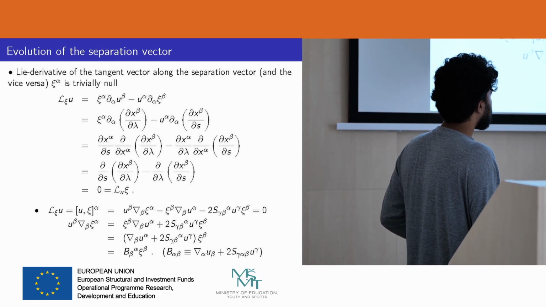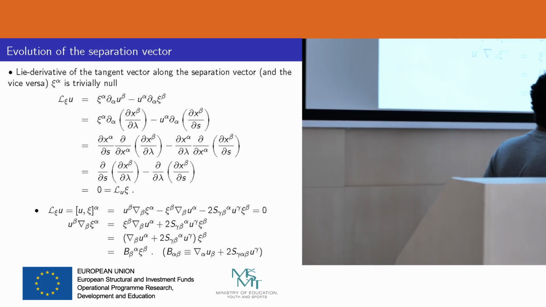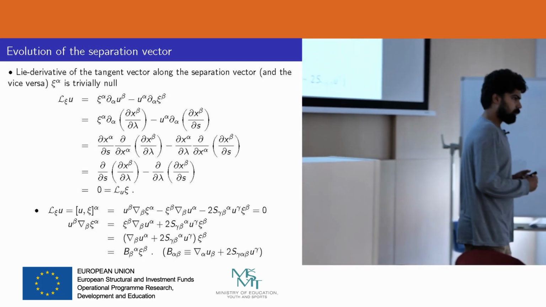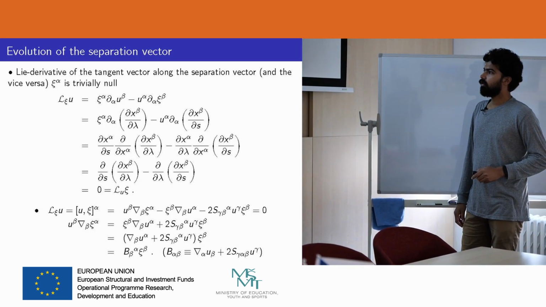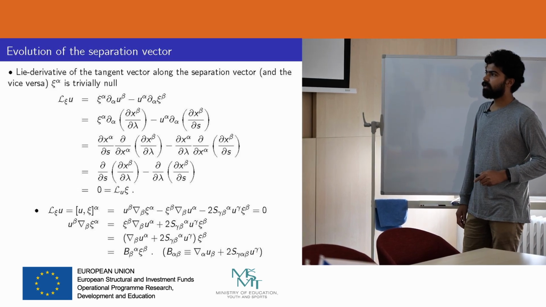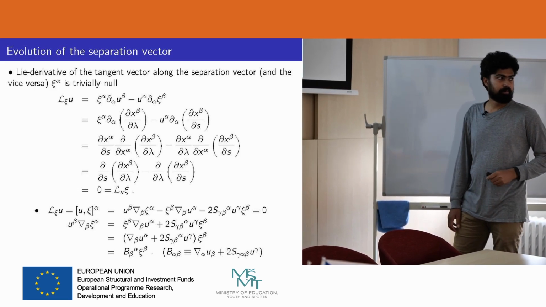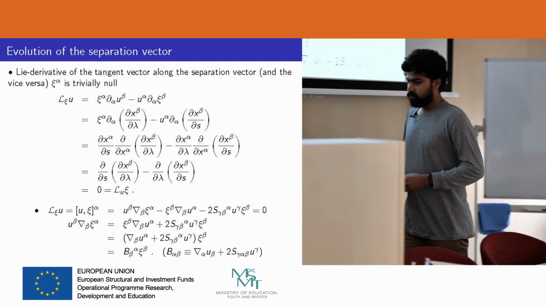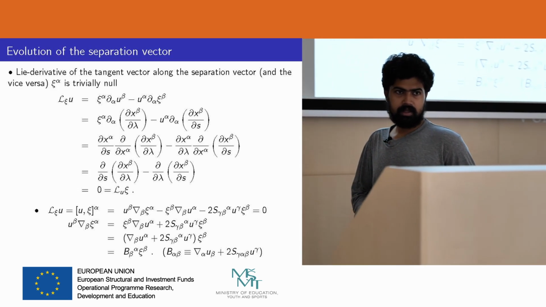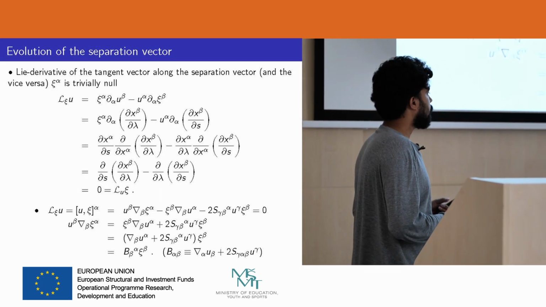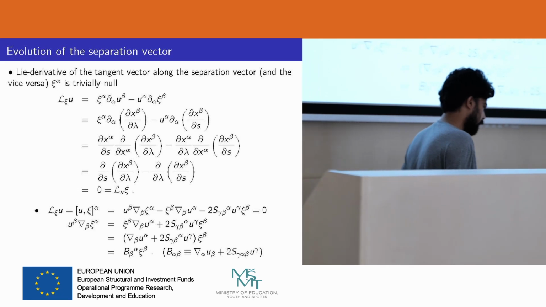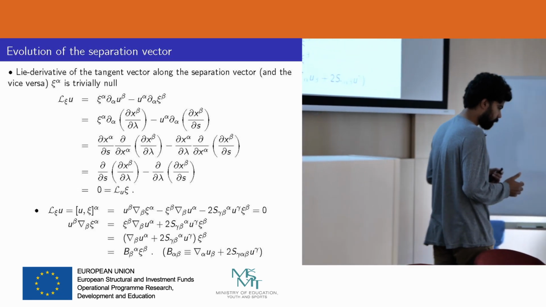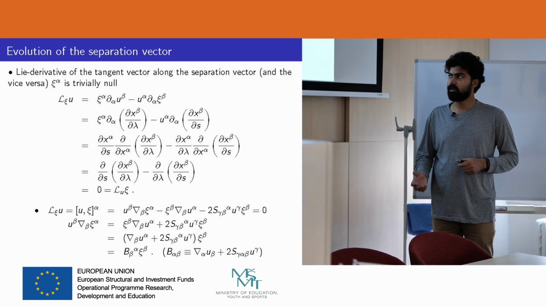So if we just manipulate a little bit, then we see that the way the separation vector is changing can be completely determined by the characteristic of the tensor B. So here we can see that B is basically telling us how this separation vector moves along the flow as it flows.